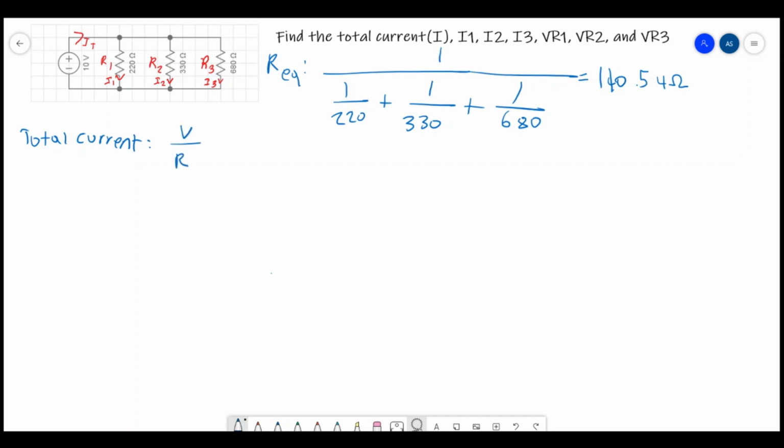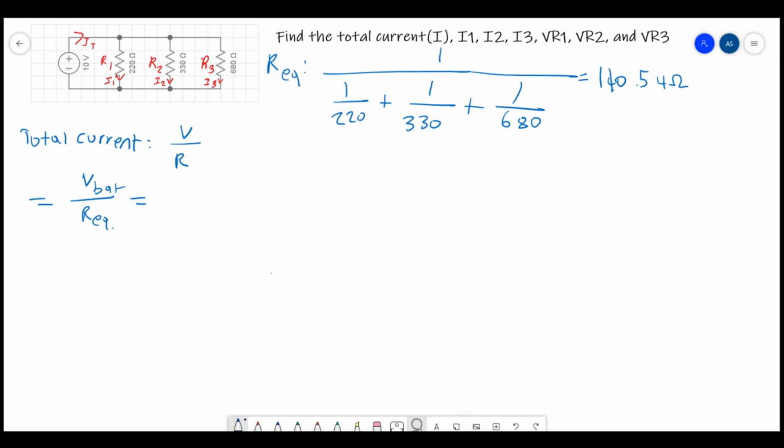What I mean is the total voltage, which is VBAT, coming out of the battery right here, 10 volts, and the total R equivalent right here, which is 110.54 ohms.